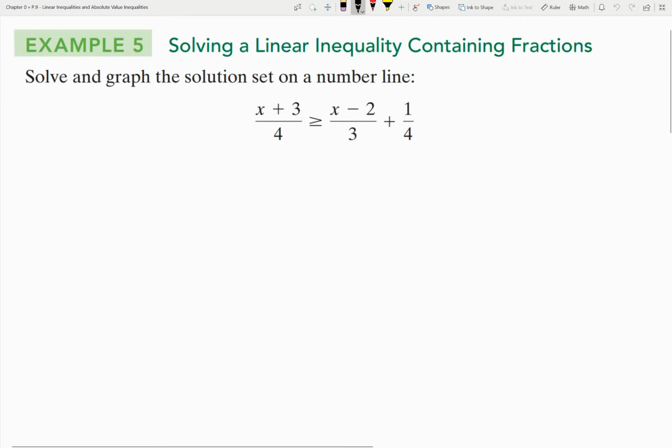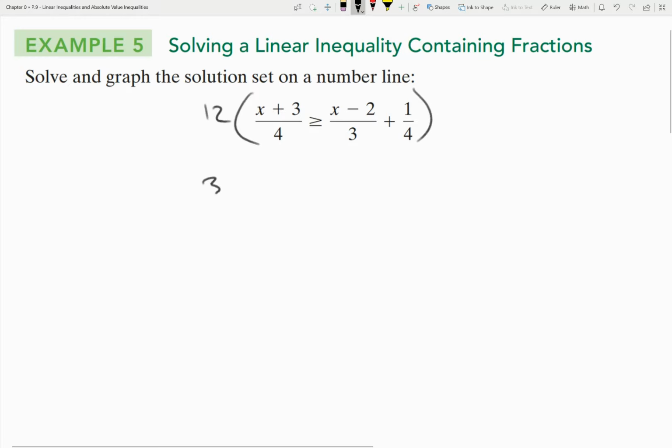If your inequality contains fractions with constants in the denominator, begin by getting rid of the fraction: multiply by the least common denominator. It's easier to solve inequalities when there are no fractions. So multiply everything here by 12.